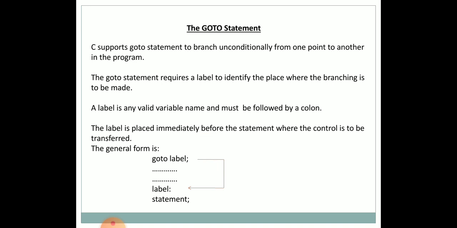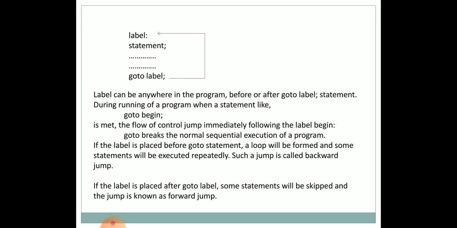The goto statements can be either a forward jump or a backward jump. That means if the label is placed before the goto label statement, a loop will be formed and some statements will be executed repeatedly. Such a jump is known as the backward jump.